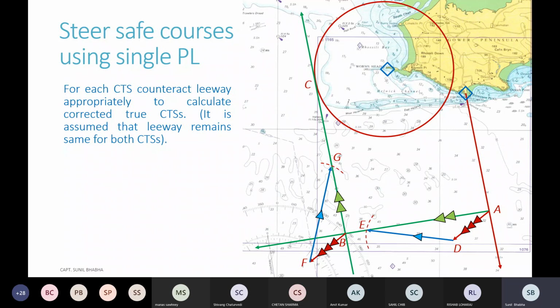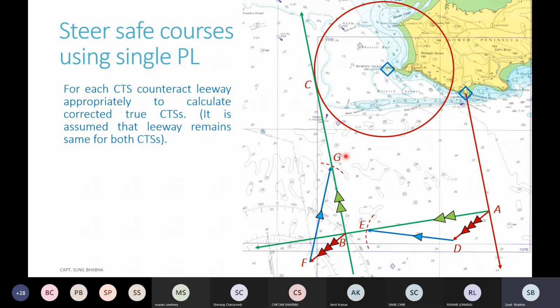Now, in case there is a wind present in the area, the question will tell us what is the leeway angle, and they will also tell us about the wind direction. So we will have to counteract the leeway on both the legs. You can see Delta Echo is the first course to steer. If wind is there, then Delta Echo will be our leeway track. So if we know the leeway angle and the direction of the wind, we can counteract the leeway to find out what will be our course to steer.